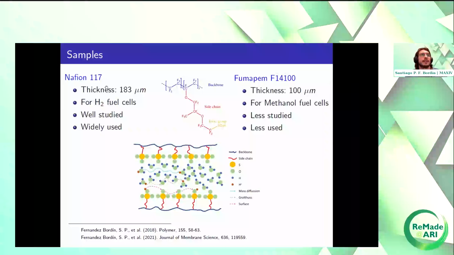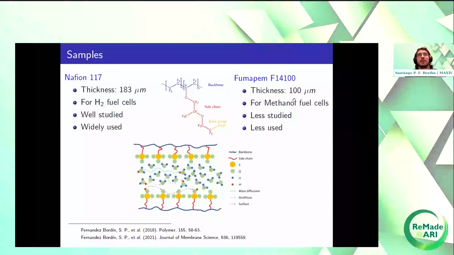The samples for this study were two. The Nafion membrane, produced by the DuPont company. This membrane is really well studied and used. You can find thousands of papers in Google Scholar. This membrane is mainly used for fuel cells that use hydrogen as a fuel.